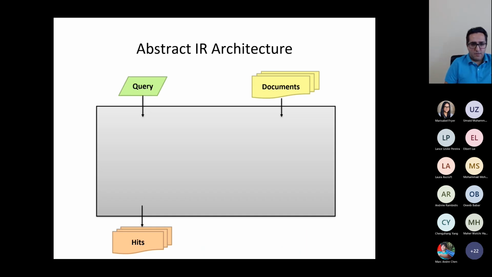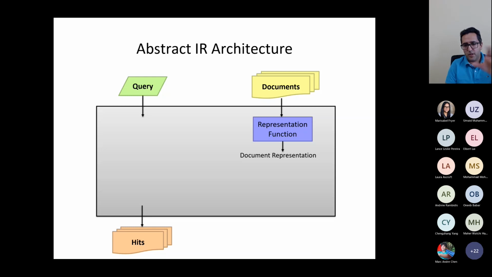This is the abstract architecture for IR, or information retrieval. We have a query, which is what you search. There are documents like web pages on the internet, and there are some hits. This is the search result page of Google, for example. The documents must be represented somehow, because it's computers.